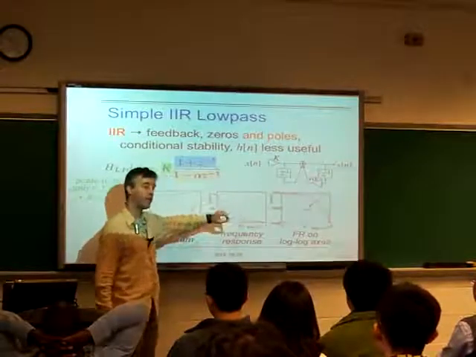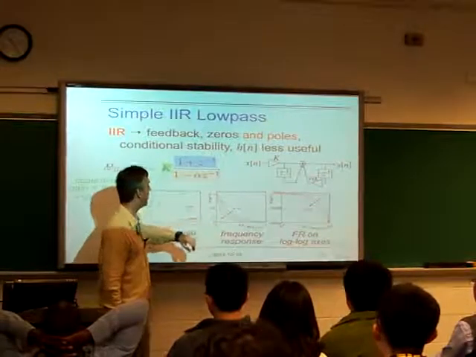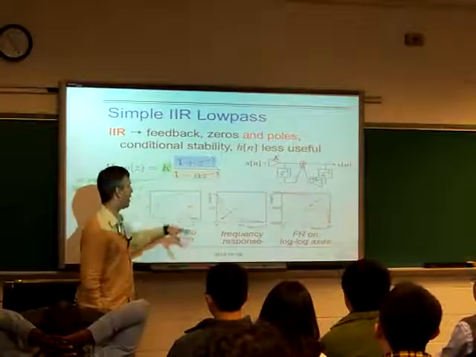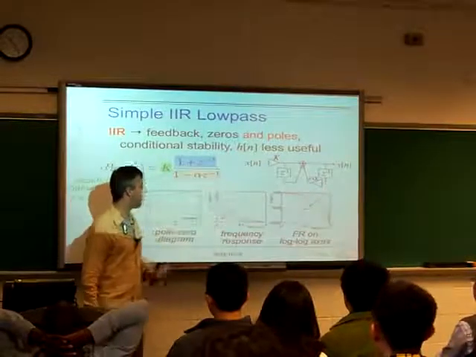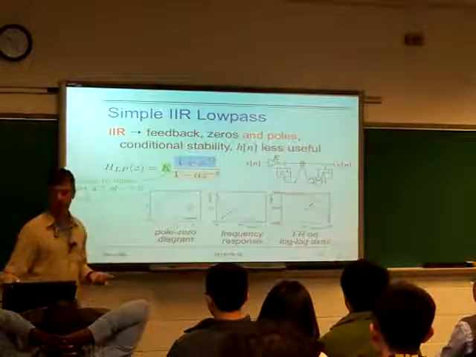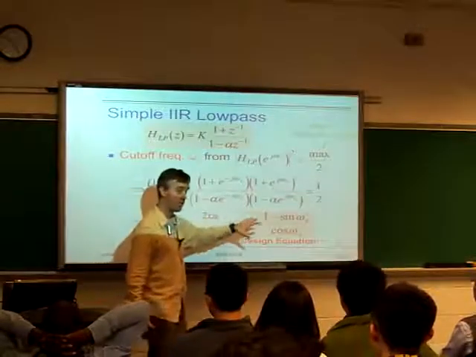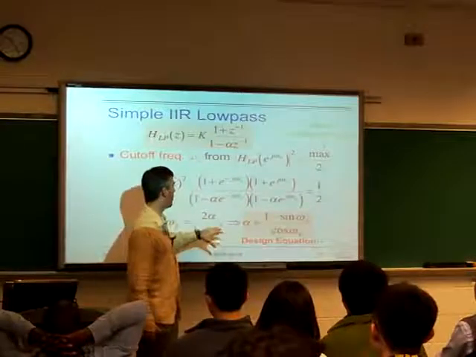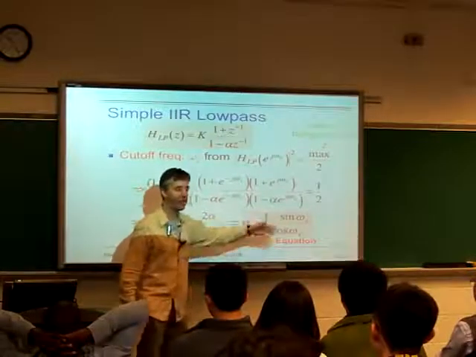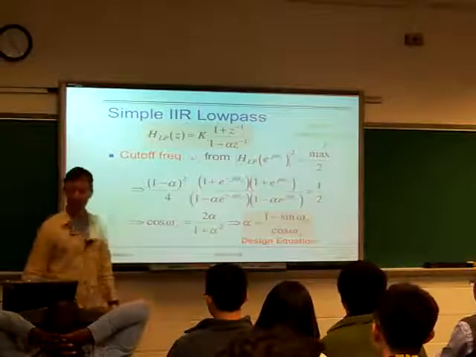Typically there'll be some parameters we can set to change the shape, and then we'll have some attribute like the cutoff frequency, and then we'll end up with a design equation. Once we've chosen a family, we can set the parameters to achieve some particular functional parameter that we care about.